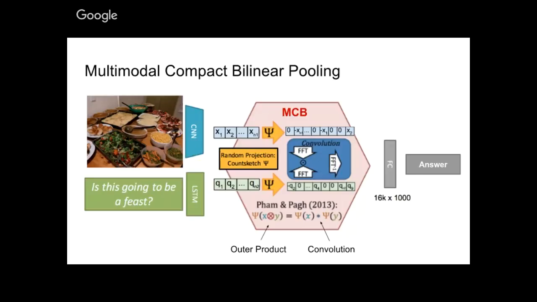So the convolution, the formula you have there, right? Yeah, they say that applying the random projection, this symbol is a random projection, to the two vectors after applying the outer product is the same as first applying the random projection separately and then convolving the two pieces of information.